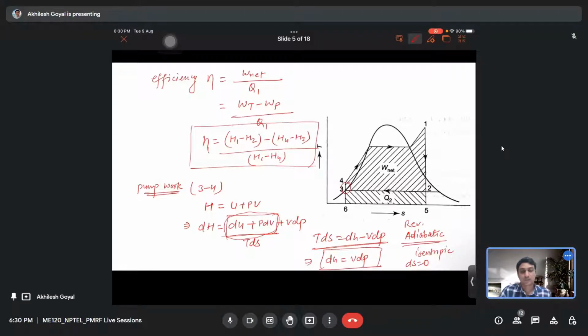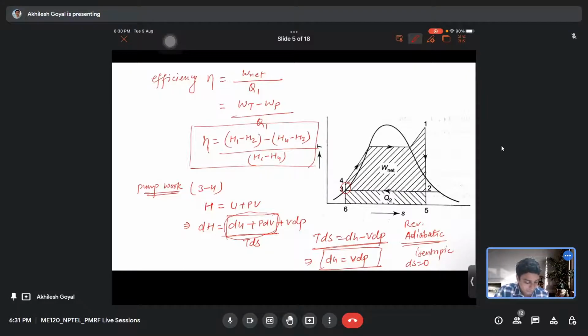So pump work from point 3 to 4 is VdP, because that is a change in enthalpy, dH is equal to VdP. So from here you can see that pump work depends on the specific volume of the working fluid and the change in pressure, okay. But here you can see, as water is coming from the condenser to the pump, water is in the form of liquid, and the specific volume of liquid is very, very much less than the specific volume of steam, okay.